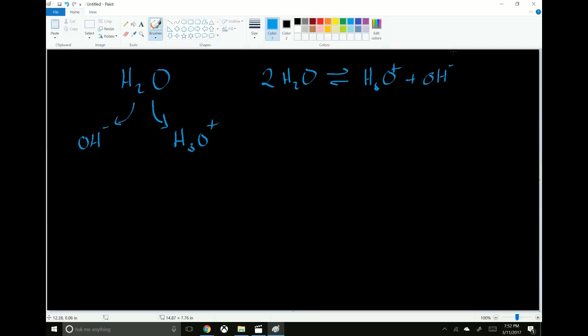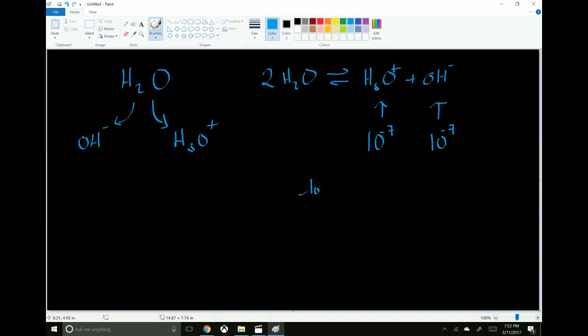And a perfect solution, a pure solution, I should say, of water is always going to have a little bit of hydronium and a little bit of hydroxide floating around in it at any given time. And that's going to be a concentration of 10 to the negative 7 for each of them.